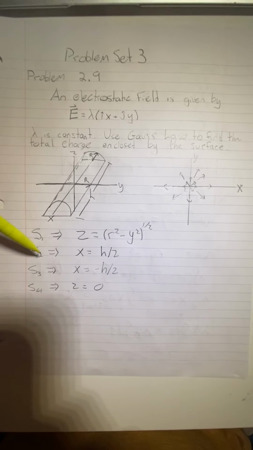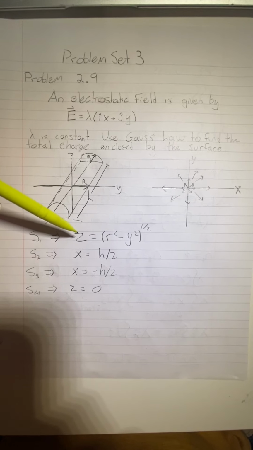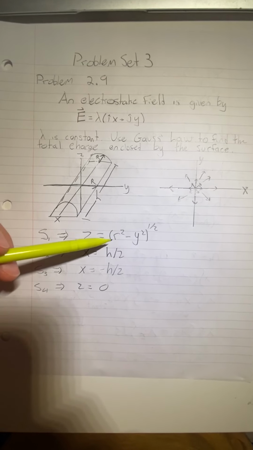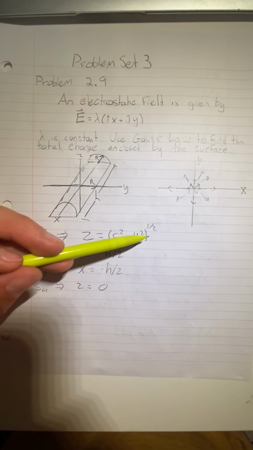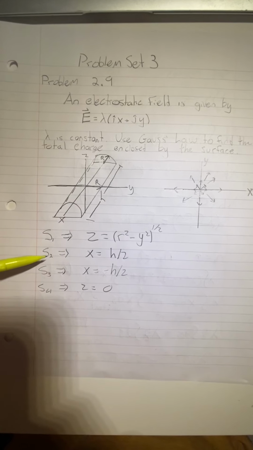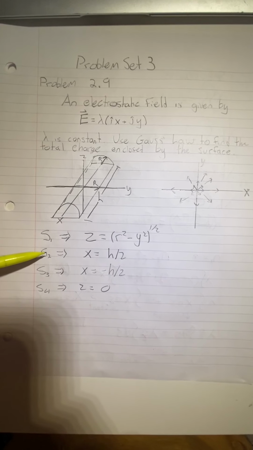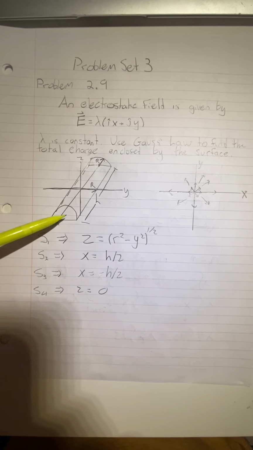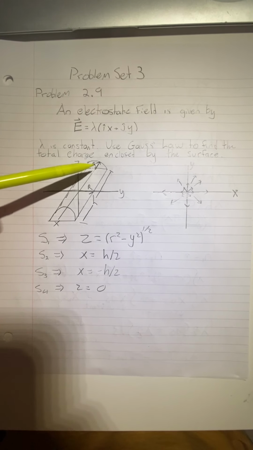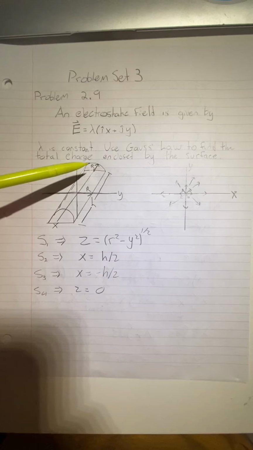Surface 1 is described by this equation that they gave us, z equals the square root of r squared minus y squared. S2, the second surface, is this half circle over here, and S3 is this half circle on this side.